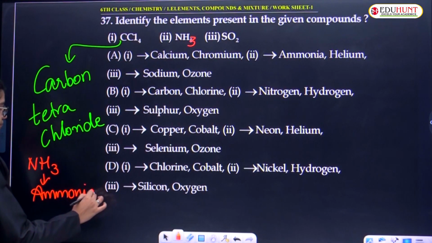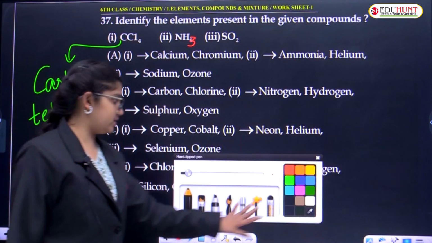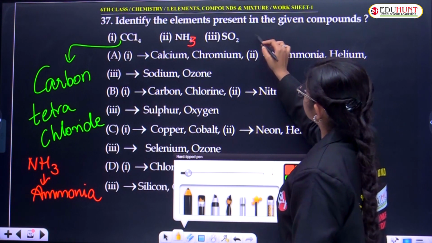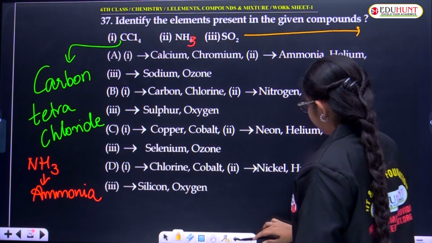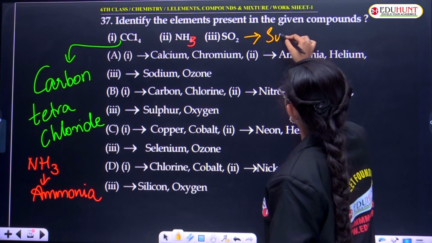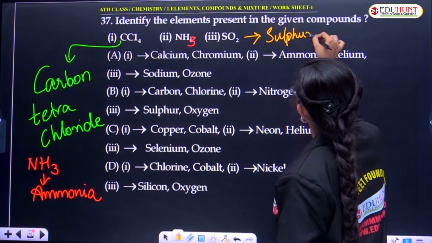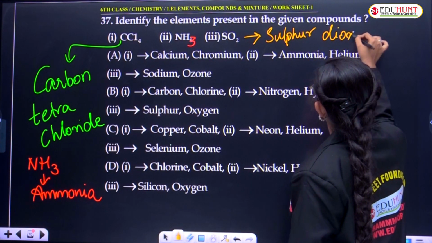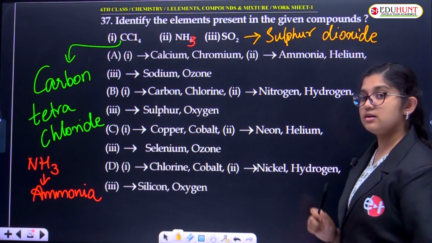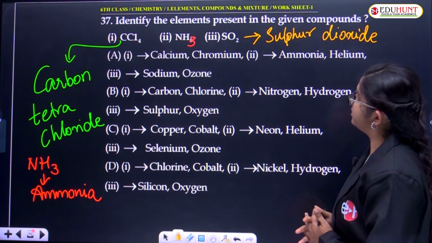Coming next is SO2. SO2 is sulfur dioxide. They're asking us to find out the elements in the particular formula.